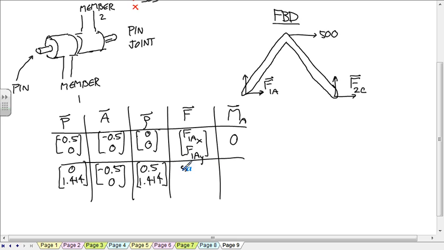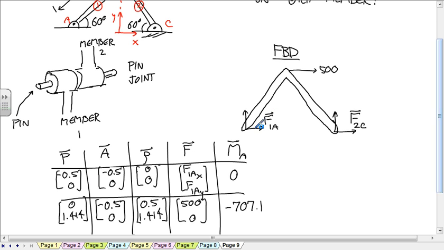The force vector is 500, 0. And so we get negative 707.1 for the moment. You could do this as 2 right triangles. We have a length of 1 here, an angle of 60, so you could do 1 times sine of 60 gives you the height there.